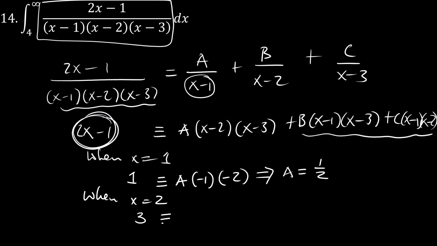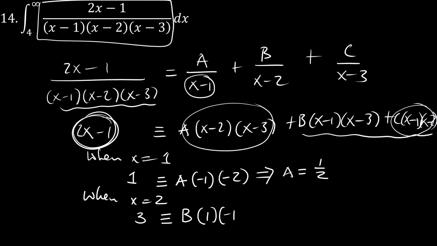This is equivalent to, we see this part becomes 0 and this part becomes 0, so we get b times 1 times negative 1, meaning that b is equal to negative 3.